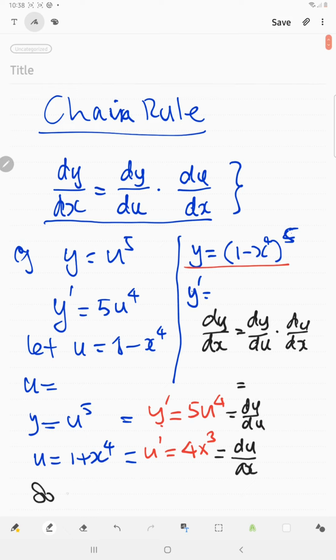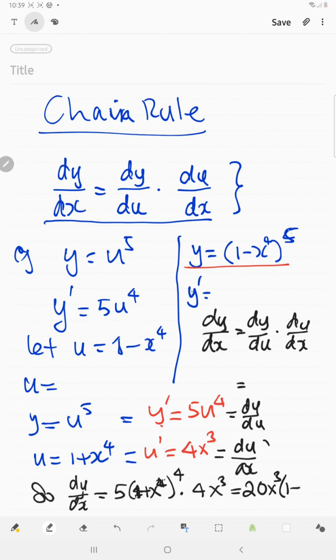So we can say dy/dx for this particular statement is equal to 5 times (1 plus x to the power 4) to the power 4, multiplied by du/dx, which is 4x to the power 3. So in the process, this is 20x to the power 3 times (1 plus x to the power 4) to the power 4. So this is actually the value.